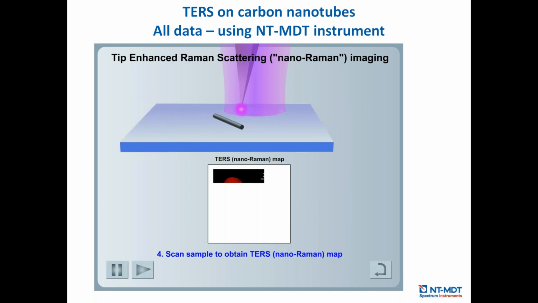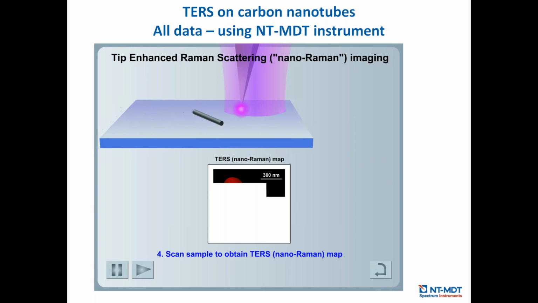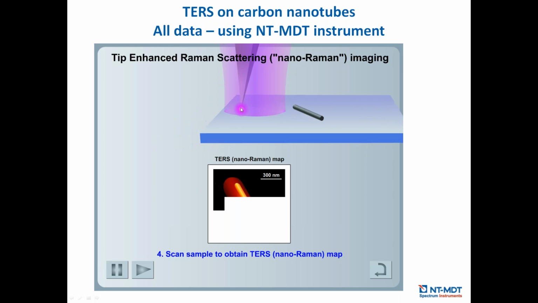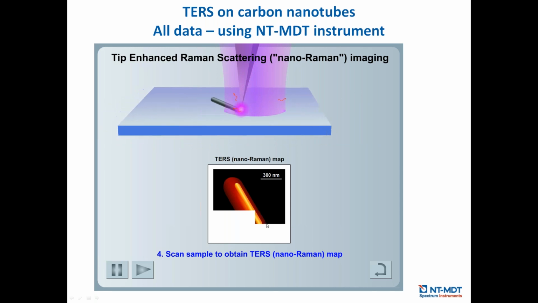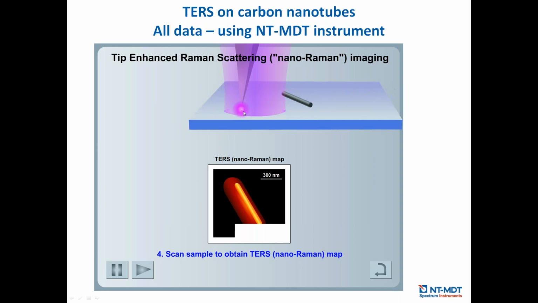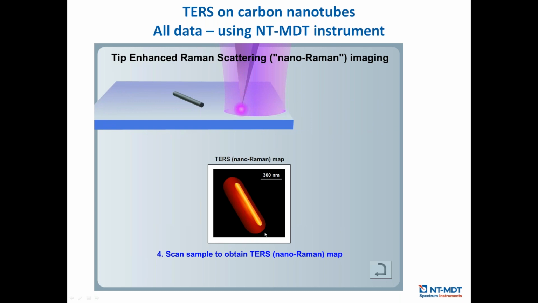This is a simulation, and in addition to the map obtained by the enhanced signal, we also have a diffraction limited image, which still appears because there is a focused laser spot and there is a nanotube on the sample. Depending on the ratio between the enhanced signal and Raman background, this contrast would be bigger or smaller.